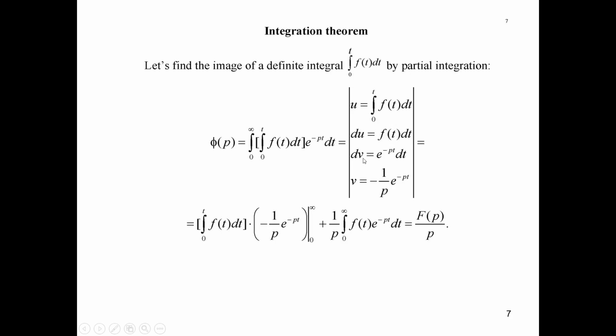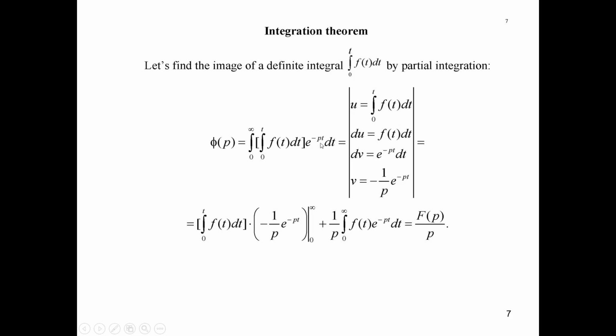And if we have such dv, from here we can determine v by integration of both sides of this expression. It will be v equal to the integral of the exponential function, which is just the exponential function, divided by minus p, the coefficient of the exponential function.